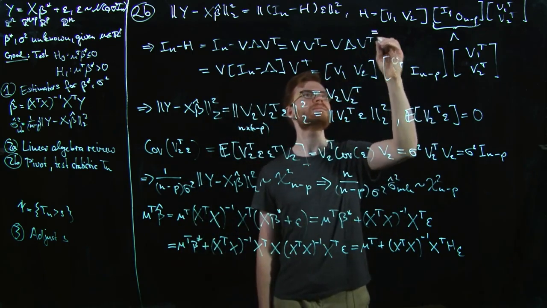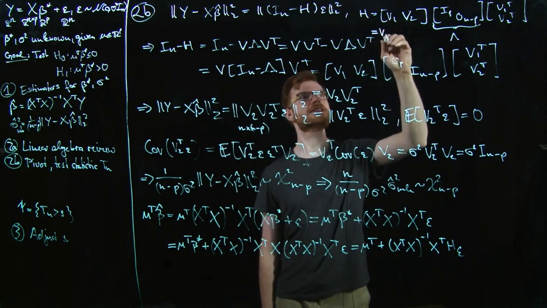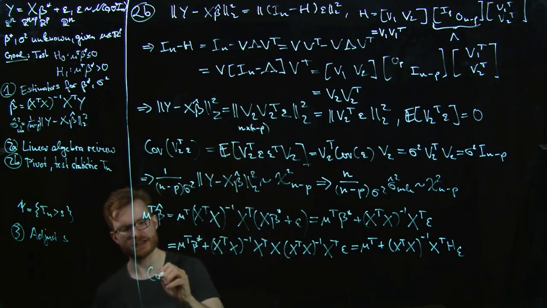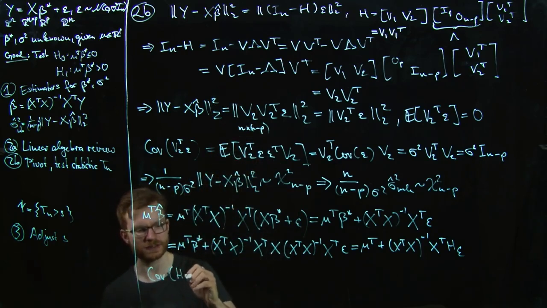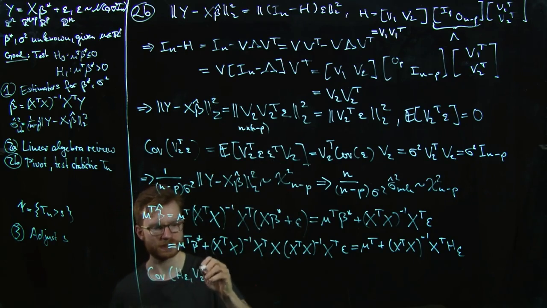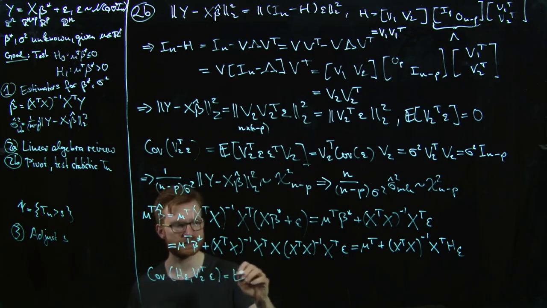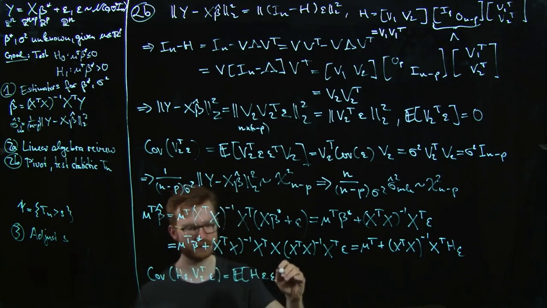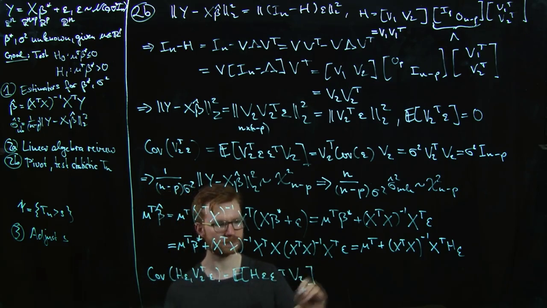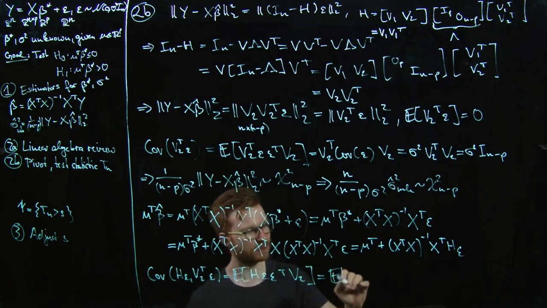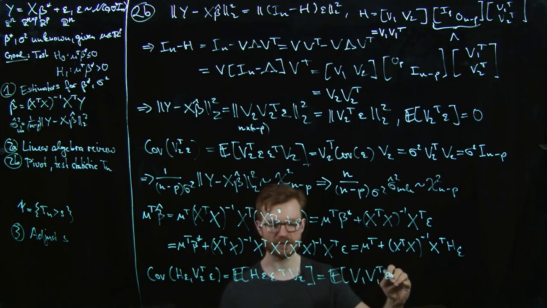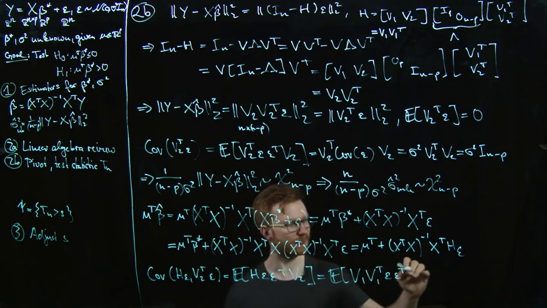Let me amend this by saying that H can be expressed as V1 transpose. And then we have that the covariance of H epsilon and V2 transpose epsilon is the expectation of H epsilon transpose V2, which is the expectation of V1 transpose epsilon transpose V2.